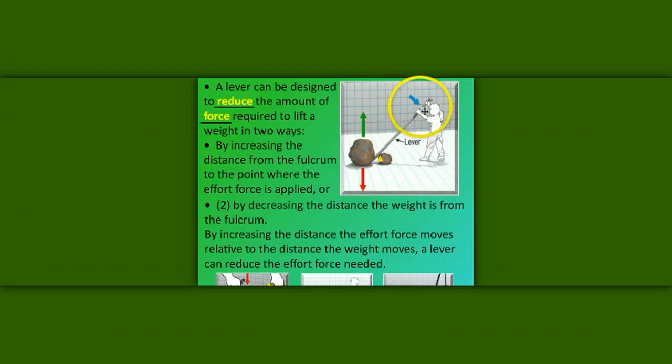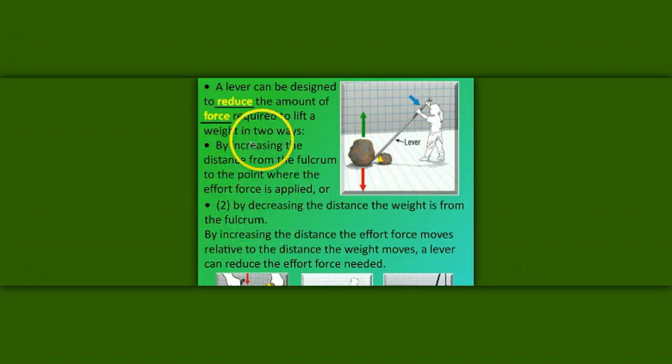I'm pulling down with my hands. The yellow arrow is always talking about where the fulcrum or the pivot point is. And the thing that we're trying to move is called the load. So the load's either going to move up or over this way or down this way. The load is what you're trying to move.